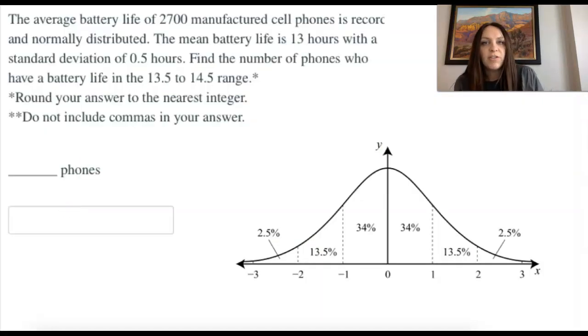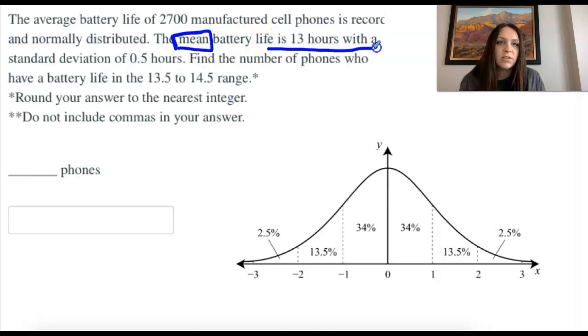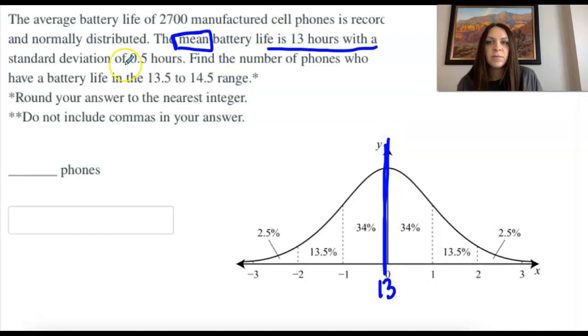The average battery life of 2,700 manufactured cell phones is recorded and normally distributed. So the mean, that's our keyword, is 13 hours. So I'm going to go to the mean and I'm going to label it at 13 with a standard deviation of 0.5.